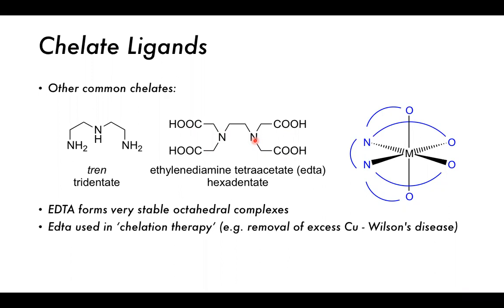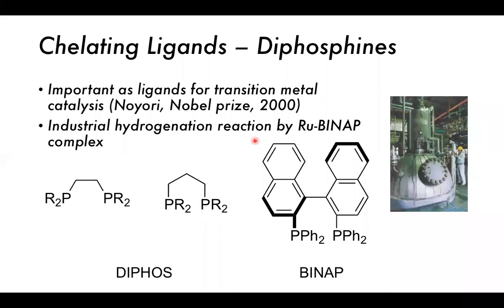EDTA is, I think, a World Health Organization essential medicine because it can be used to remove heavy metal ions from the body. Well, unwanted heavy metal ions, although sometimes you also remove the ones that you do want. Chelating ligands such as the diphosphines are important as ligands for transition metal catalysis. This won the Nobel Prize in the year 2000, for these phosphine ligands.